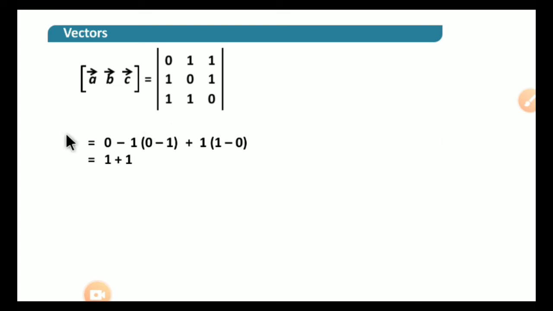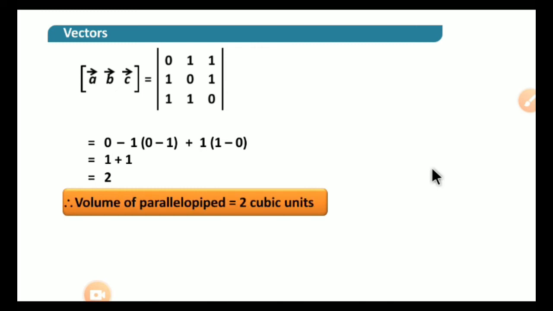This will be equal to 1 plus 1 because 0 is neglected. Minus 1 into minus 1 is plus 1 and 1 into 1 is 1. So 1 plus 1 is equal to 2. Therefore, the volume of the parallelepiped is 2 cubic units, because volume we always measure in cubic units.